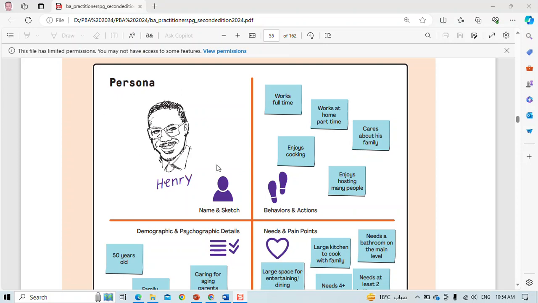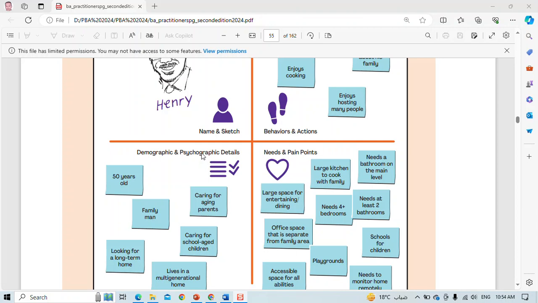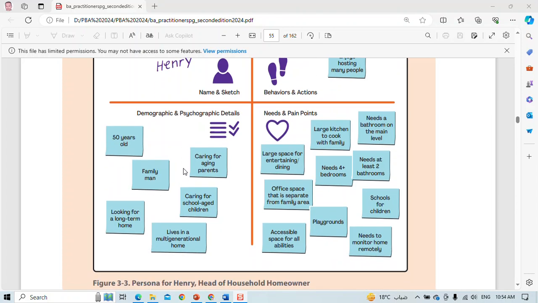So this is an example of a persona for an existing homeowner. But what about demographics? Okay, so for the demographics, he is 50 years old, a family man, caring for aging parents, looking for a long-term home, and lives in a multi-generational home.